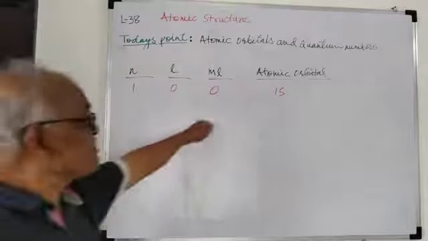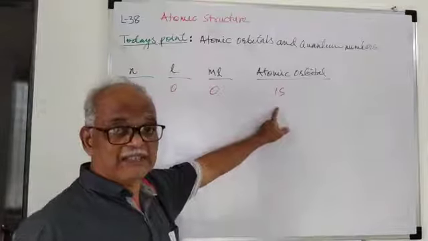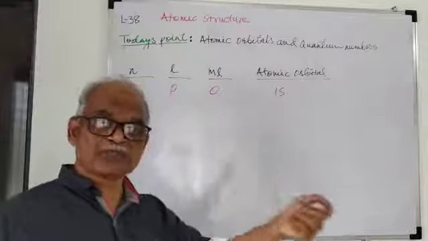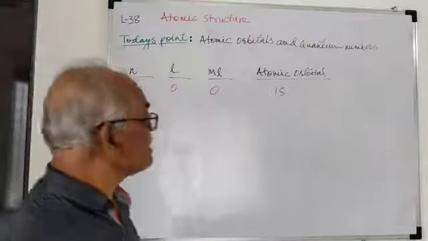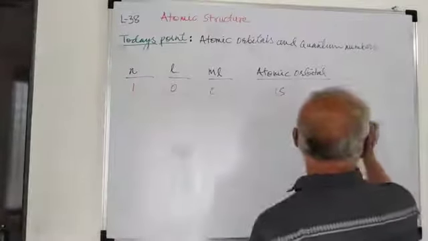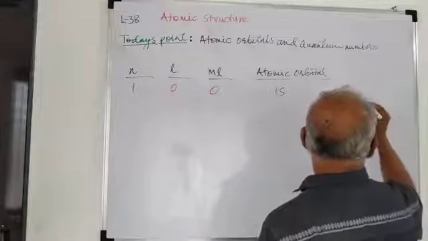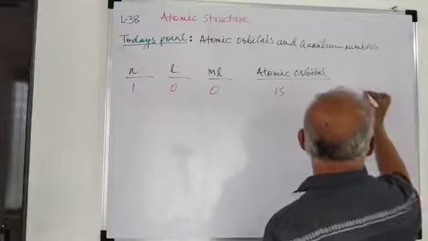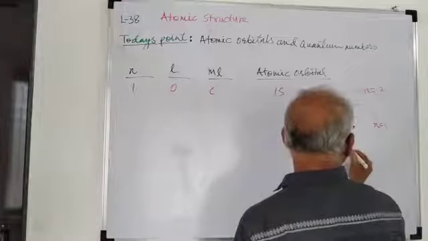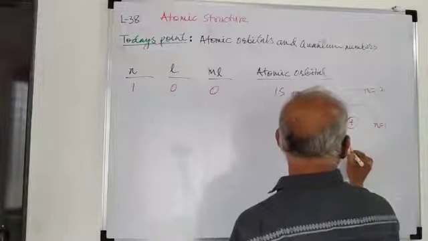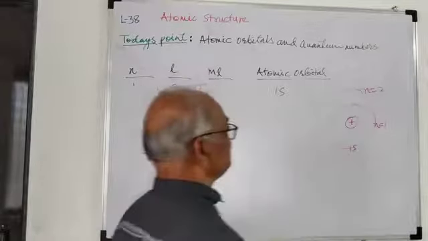This is the first atomic orbital, present closest to the nucleus. Say this is the nucleus, this is n equal to 1, then n equal to 2, and n equal to 1 will have only the 1s atomic orbital.